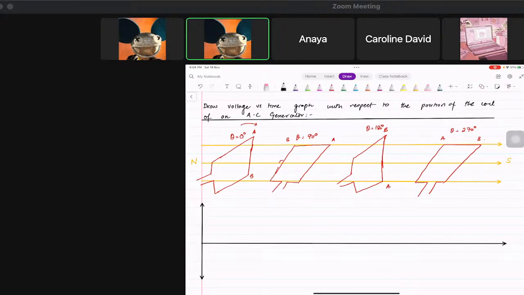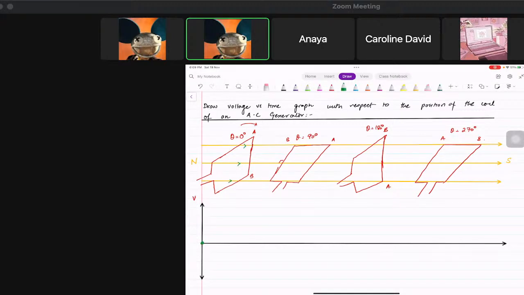At this very point, the first one, the graph is going to be 0, because here we need to understand that although the field is passing through it, it's not passing through the coil, so it's going to be 0 at this point.